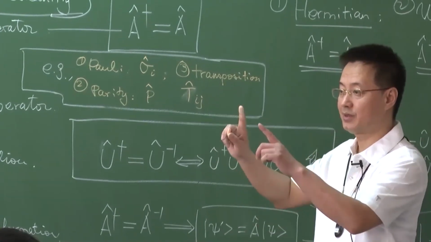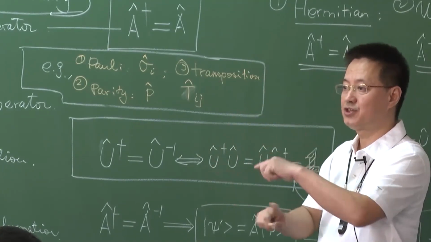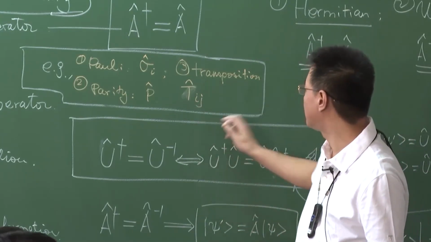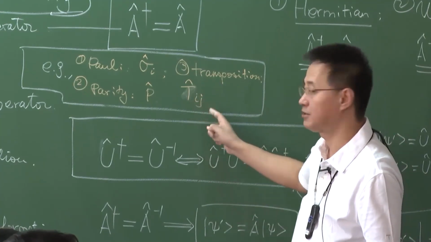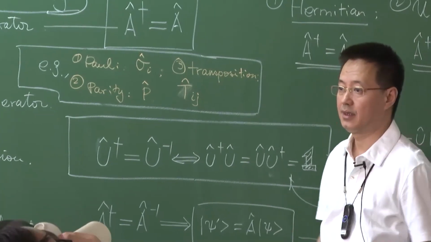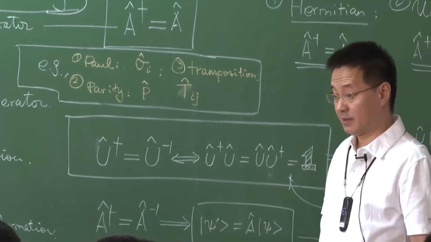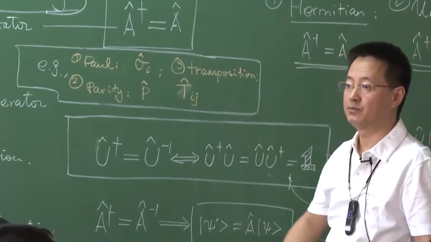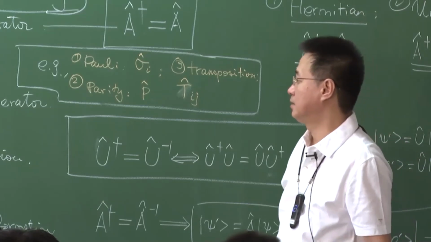You have A transpose, which means A_ij changes to A_ji. So for the transposition operator for identical particles, you just exchange the positions of the ith and jth particles, and then you get no difference. You get the symmetry or maybe anti-symmetry for that state. But whether it is symmetric or anti-symmetric, the absolute value of the wave function stays invariant. So that's why it's a symmetric transformation.